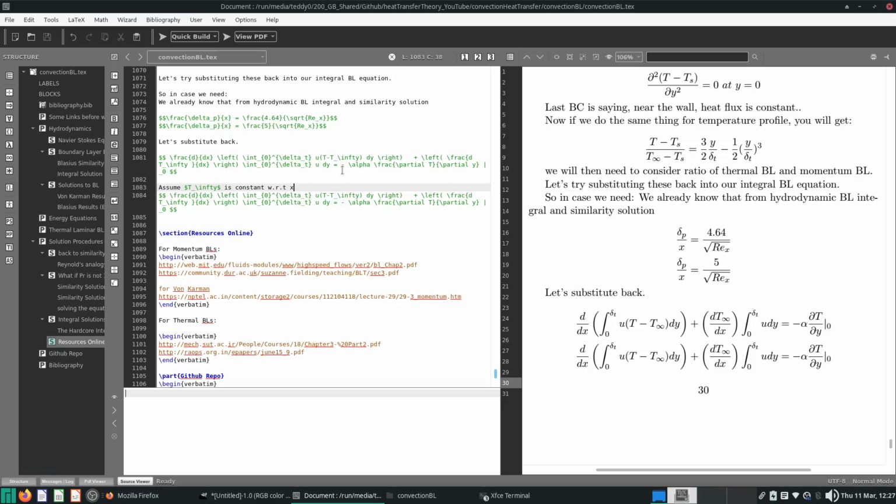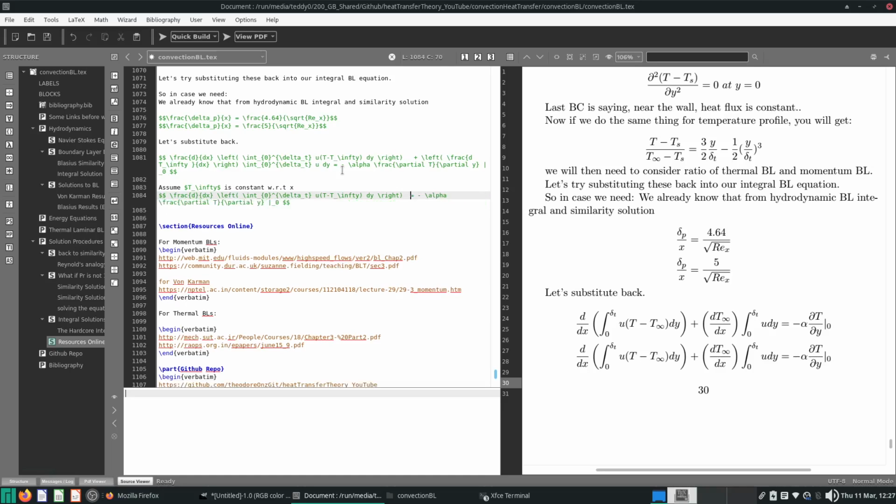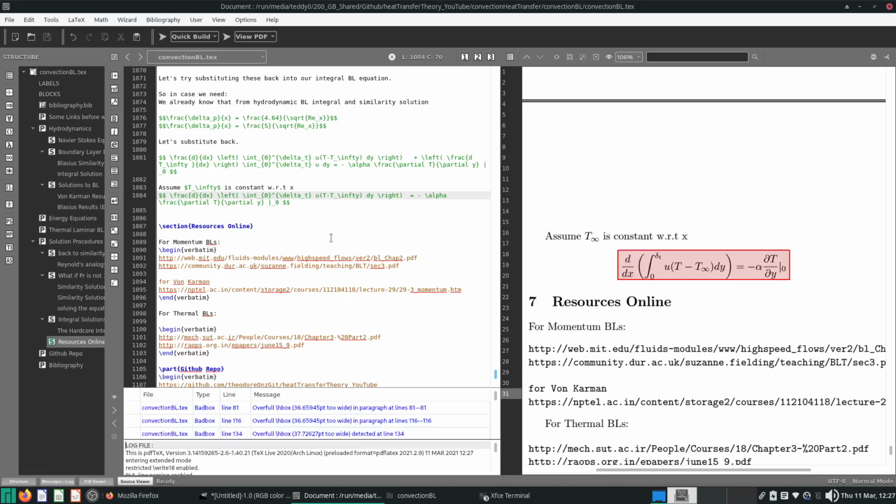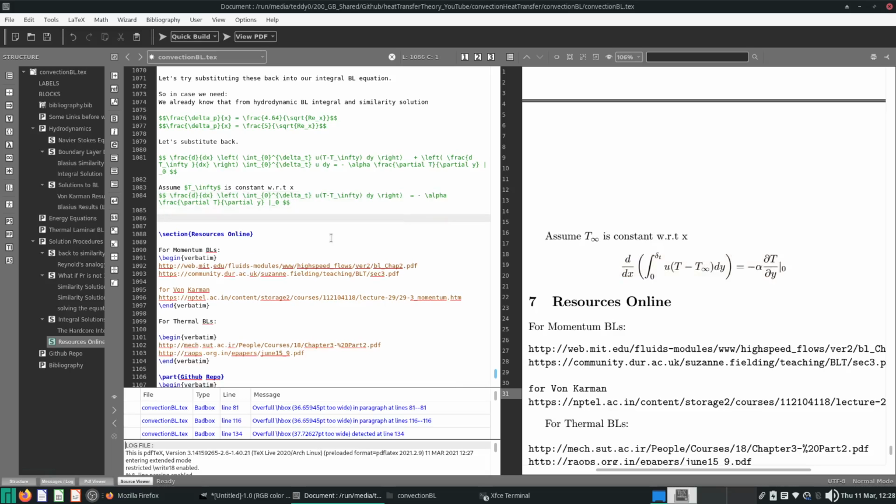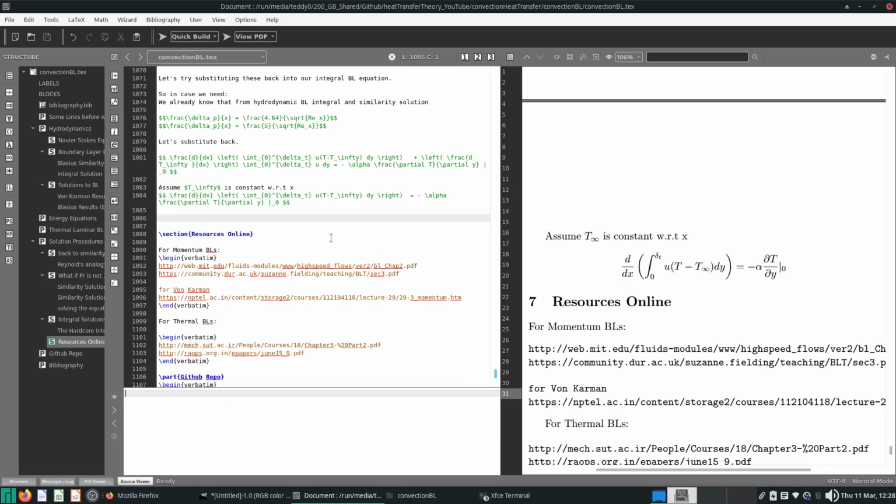Now this is not always true, but in the most simple flat plate case with constant temperature surface and constant temperature free stream, this will be the case. This is the most simple case of this convection boundary layer. Now I think the equations are rather easy, relatively speaking.